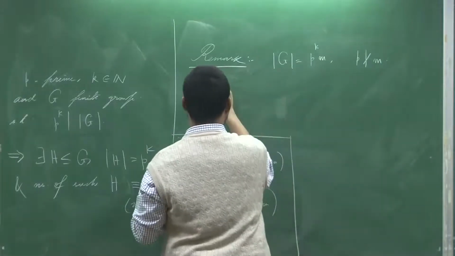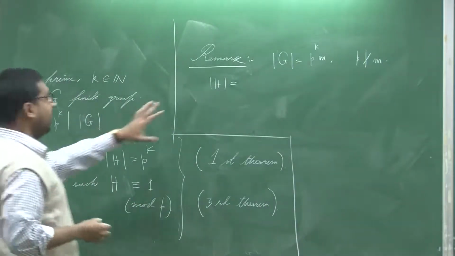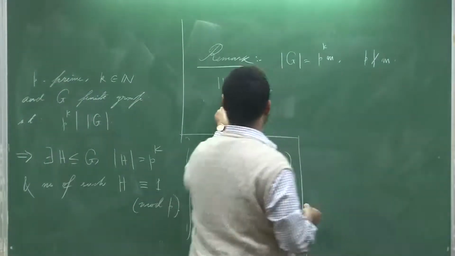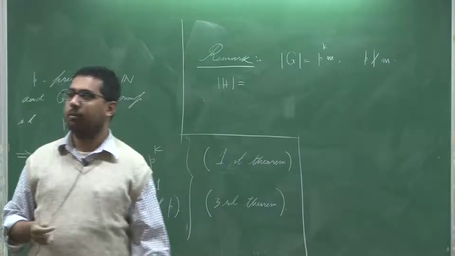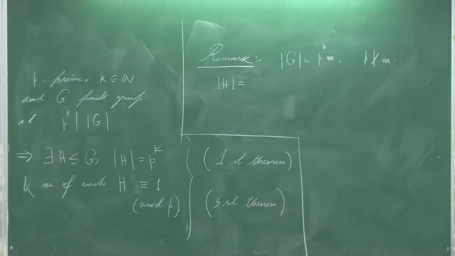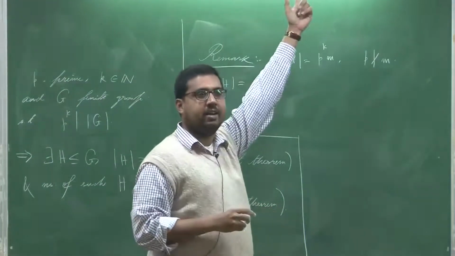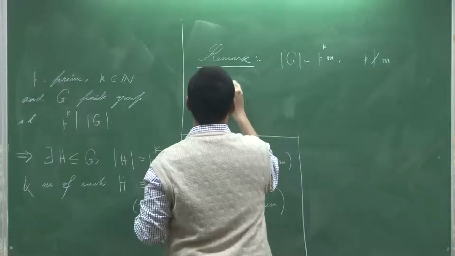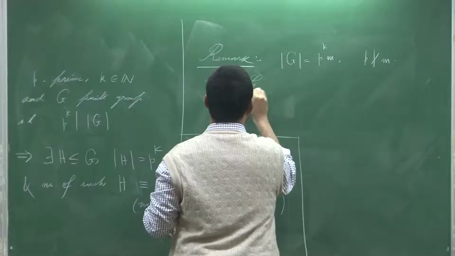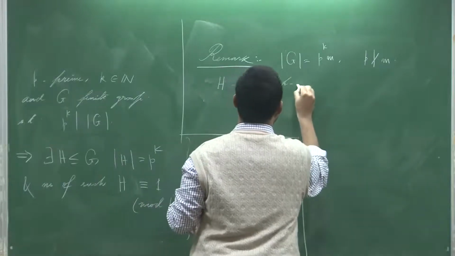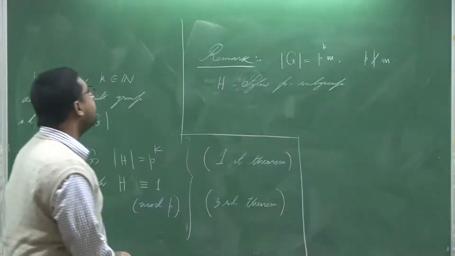Let me make a definition: whenever this happens, any subgroup of G having order exactly p to the power k is said to be a Sylow p-subgroup of G. So, a Sylow p-subgroup is a subgroup having order the maximum power of p dividing the order of G. So, let H be a Sylow p-subgroup.